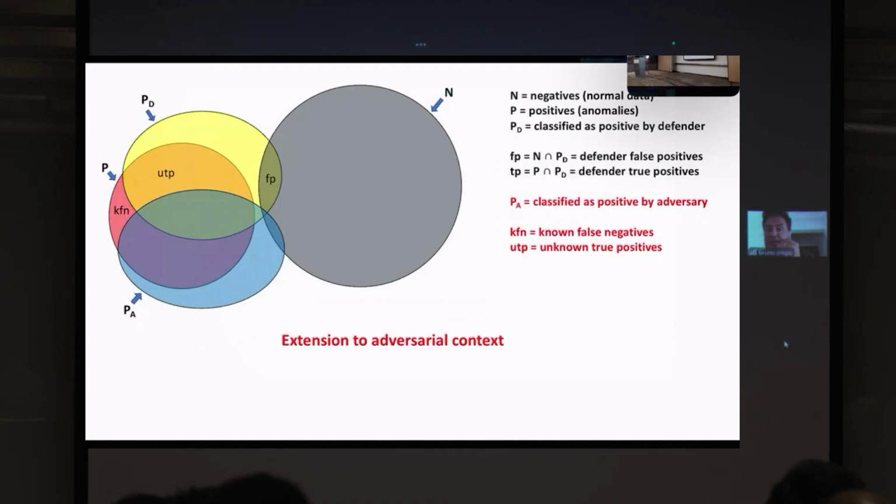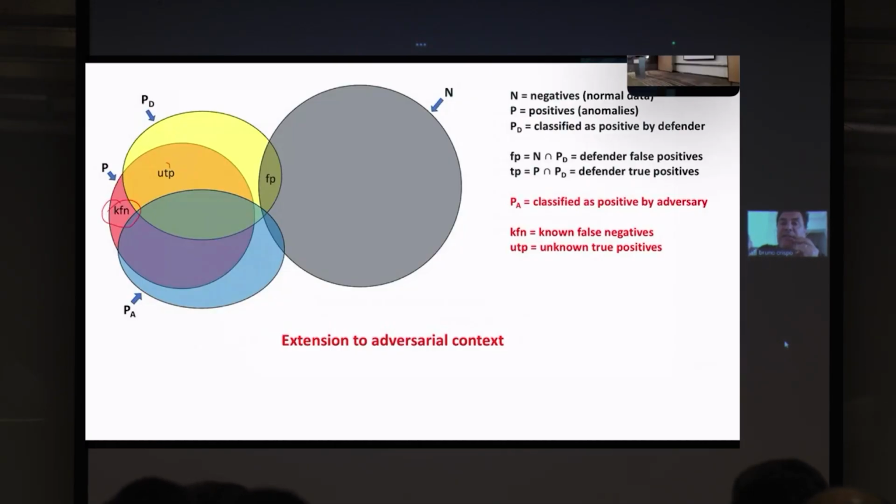And here the important points are the known false negatives, this one. These are the false negatives for the classifier of the defender that are also false positives for the classifier of the attacker. So the attacker knows that these are false positives, and these are the dangerous ones, because these are anomalies that work also for the classifier of the defender.